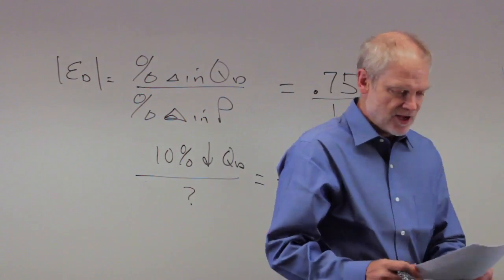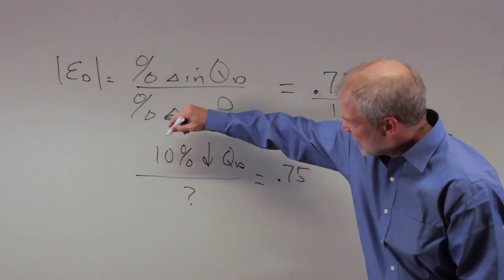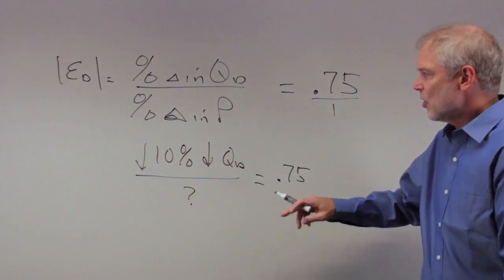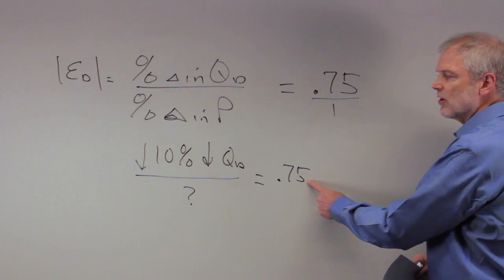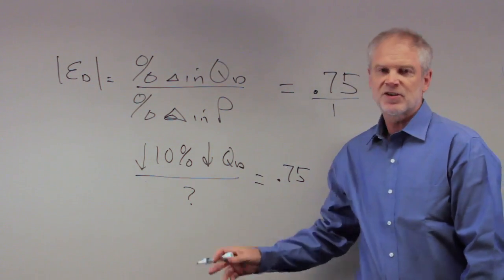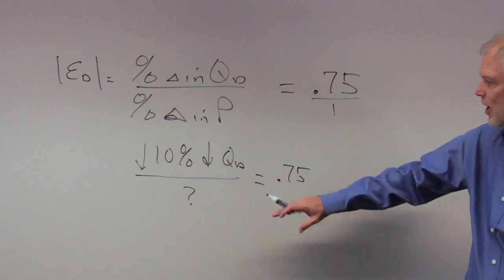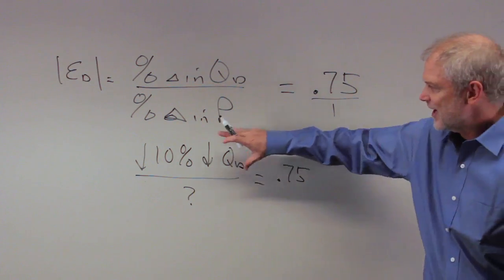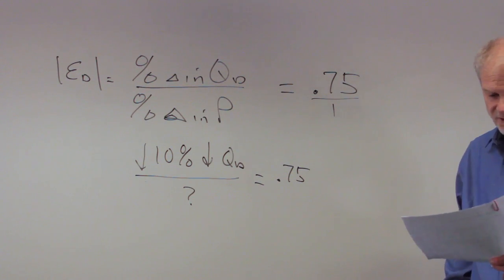All right? So if some change in price would have forced a 10% decrease in quantity demanded, and we know that the elasticity is 0.75, then what does this question mark have to be? All right. So you could just cross multiply. You could put the question mark over here, take this and divide that by 0.75, and that's going to give you your answer here. All right.